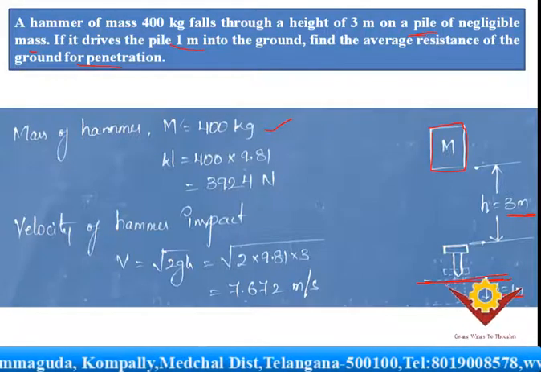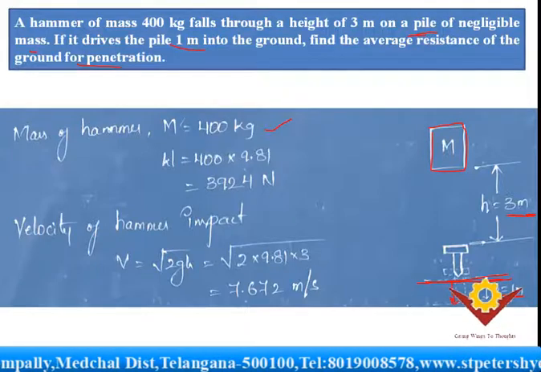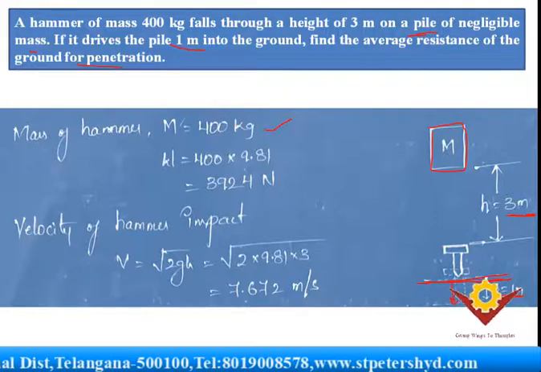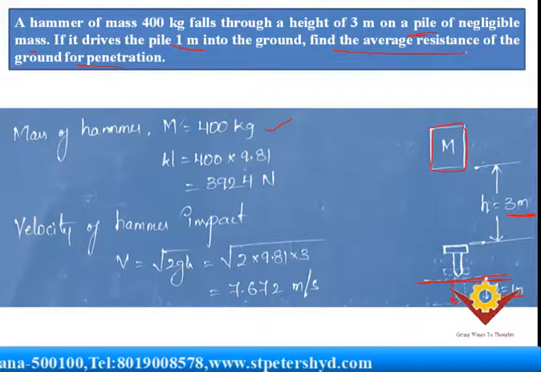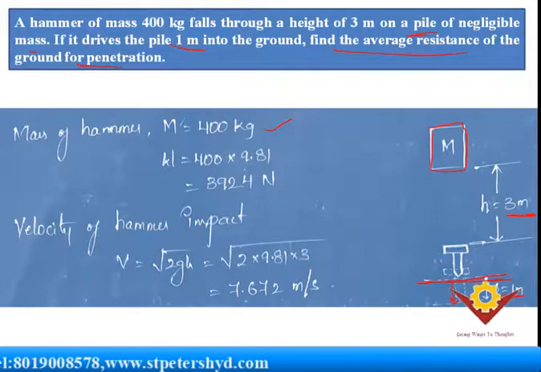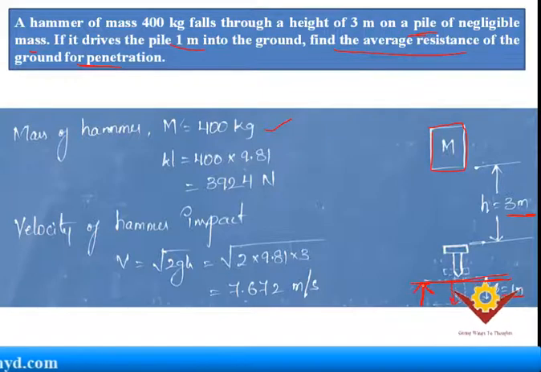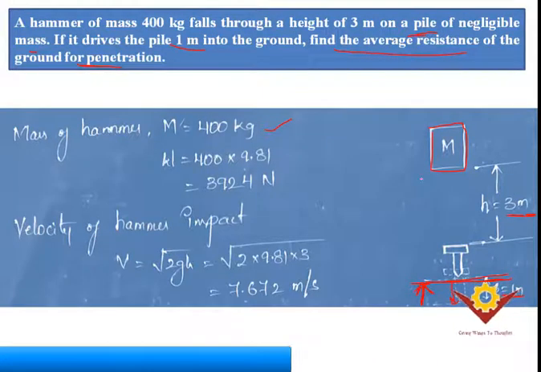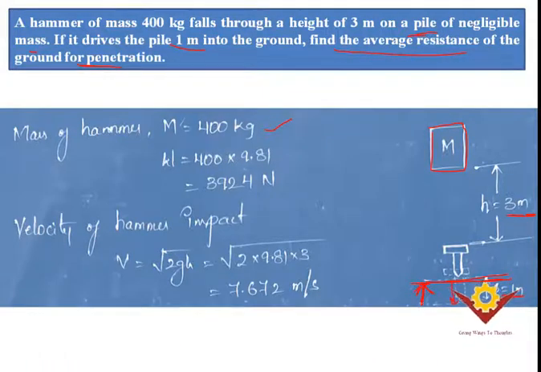So from here it will penetrate 1 meter into the ground. What we require is the average resistance of the ground for penetration. So this ground will give some resistance to the applied force, right? We require this particular resistance of the ground for the penetration.